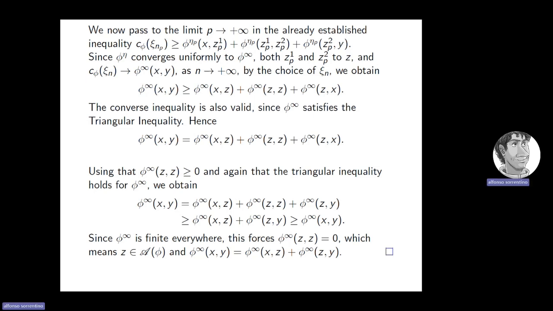This has to be 0 because if I omit it, it's larger than these two terms, which by the triangular inequality is again larger than this one. So these two are equal, and because phi infinity is finite, then it has to be 0. And that's it for today.